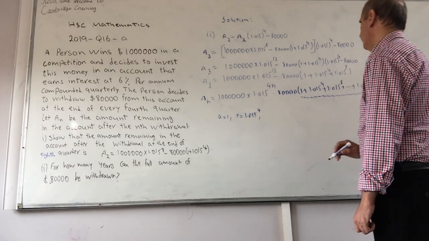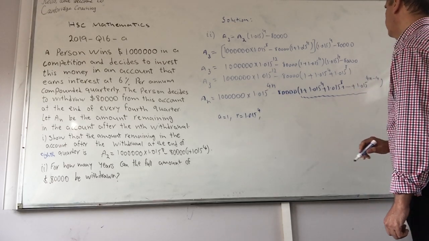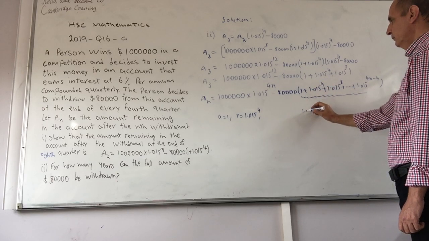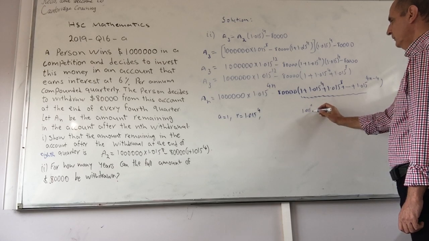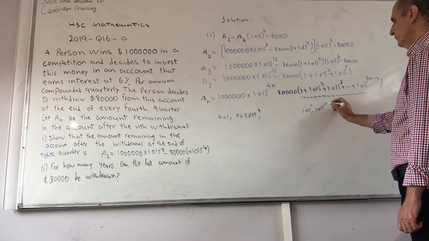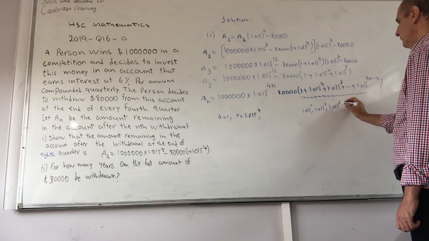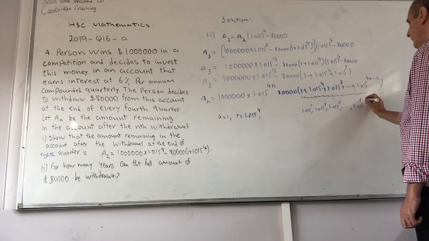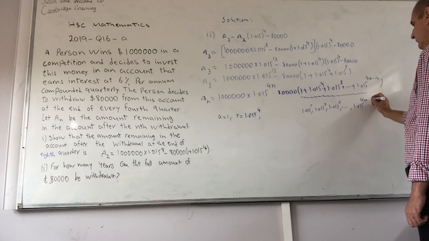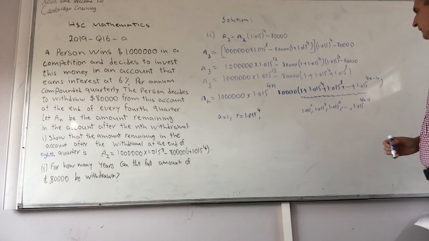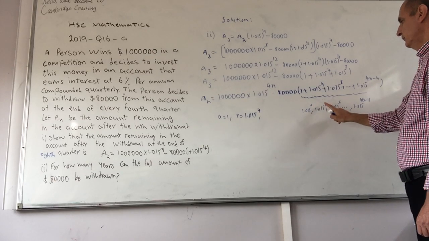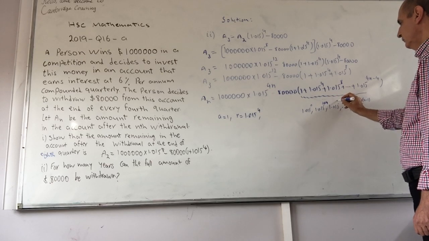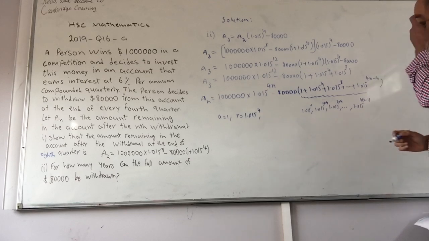And for the number of terms, you can write this as 1.015 to the 0, then 1.015 to the 4, 1.015 to the 8, and all the way to 1.015 to the power of 4 times n minus 1. I just factorized for n minus 1. So you have 0, 1 times 4, 2 times 4, and so on.